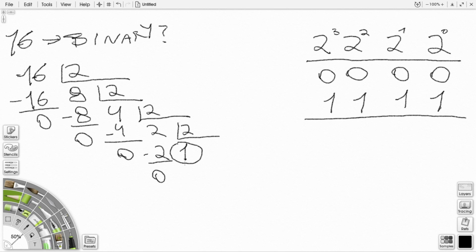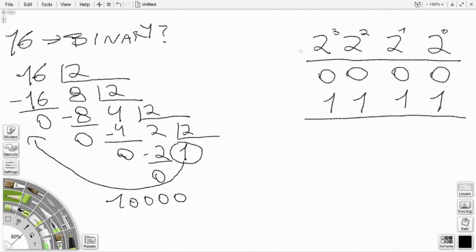It's going to be our leftmost bit, our most significant bit. Going backwards, what we have is 1, 0, 0, 0, 0. So 1 and 4 zeros.